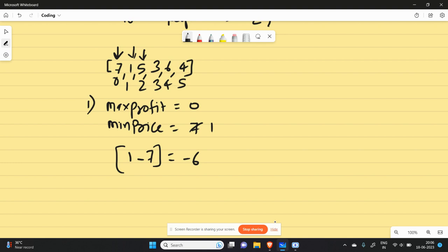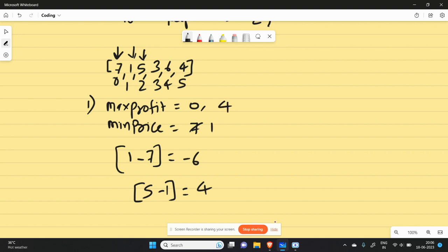On the second day, say the stock price is 5. Let's calculate the profit if I sell it at this price. The minimum price at which we should buy the stock is 1, and we are selling it at 5, so the total profit we could make here is 4. That is definitely greater than the max profit we currently have, so we can update it.